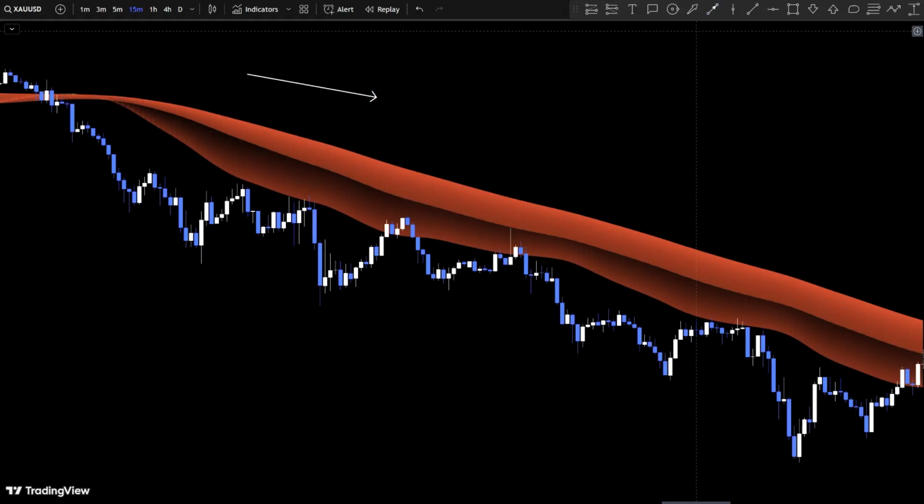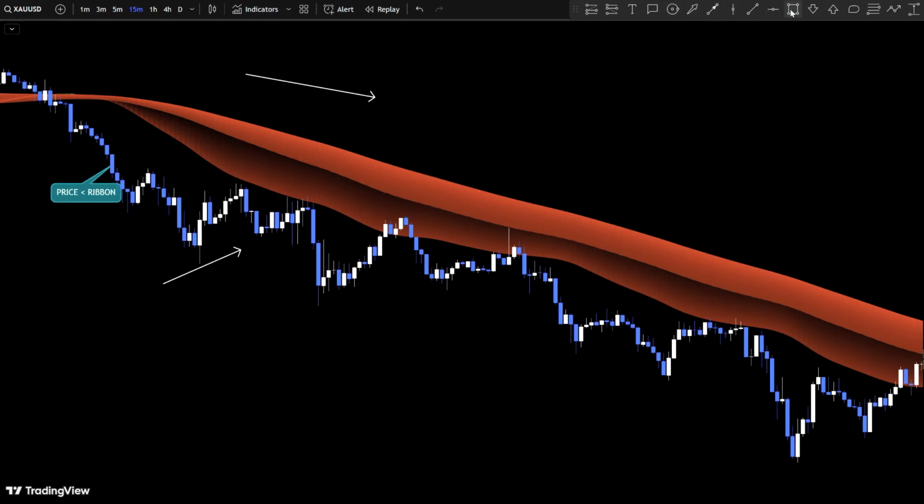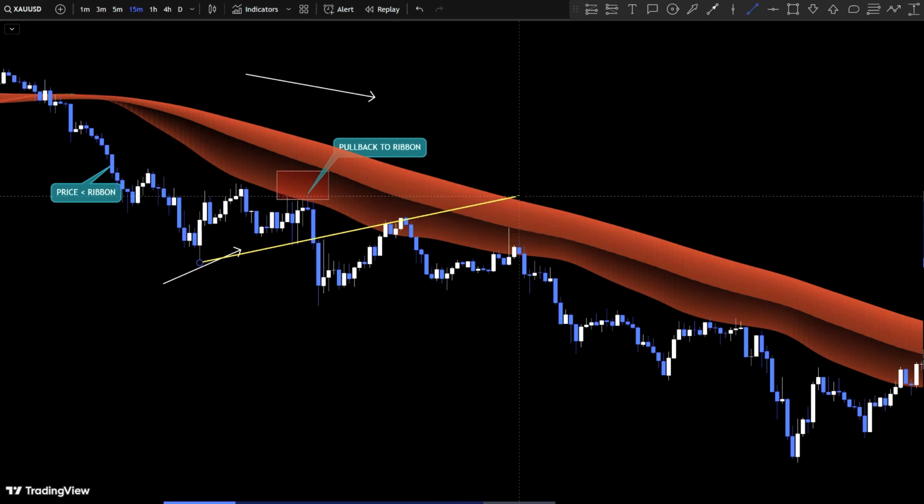Right, so for sell trades, it's the opposite of what we just covered for buys. We're looking for a red smooth cloud with the price below it, indicating a downtrend. Then wait for price to rally up a bit, a pullback. Draw a trend line connecting the low points of the pullback.